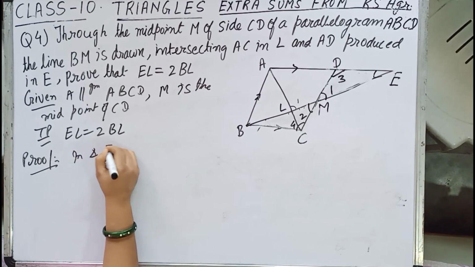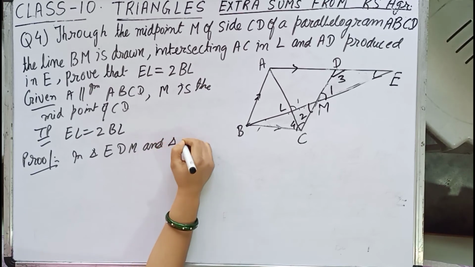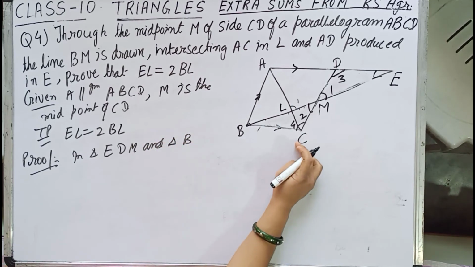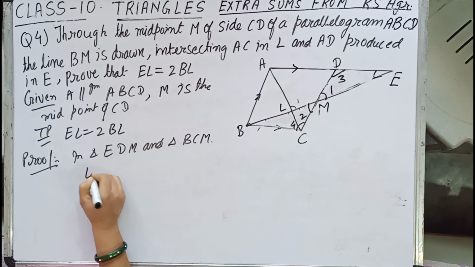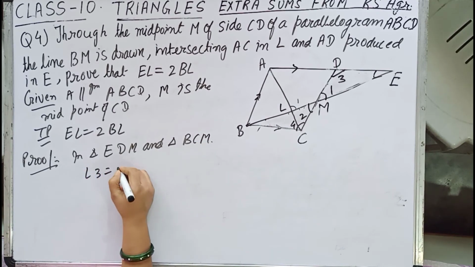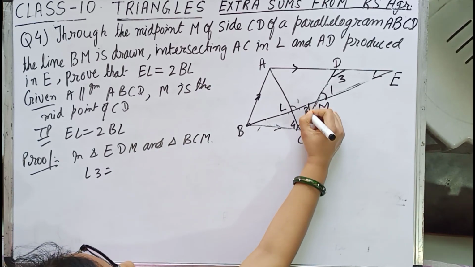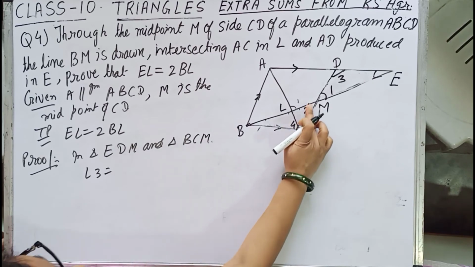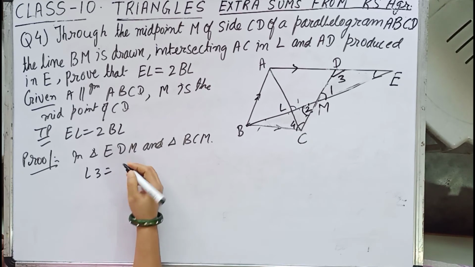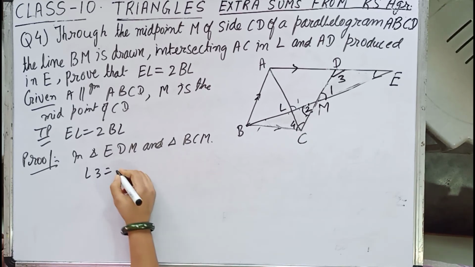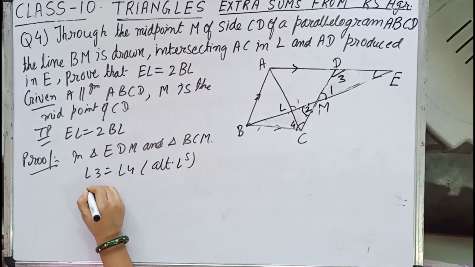In triangle EDM and triangle BCM, angle 3 equals angle 4, alternate angles.